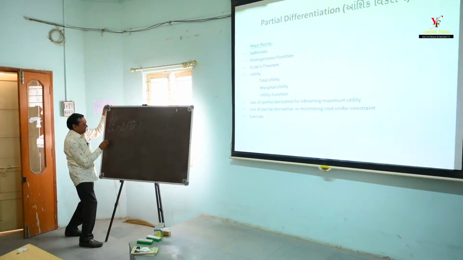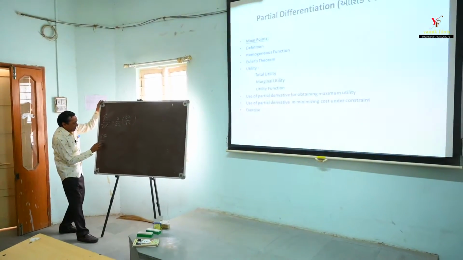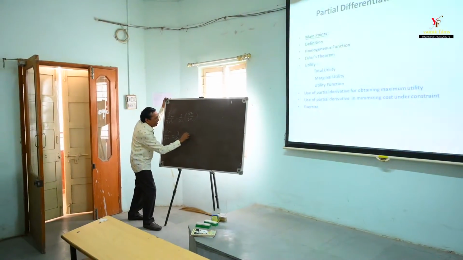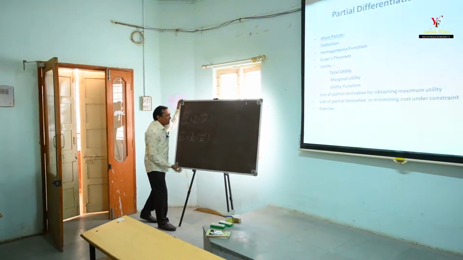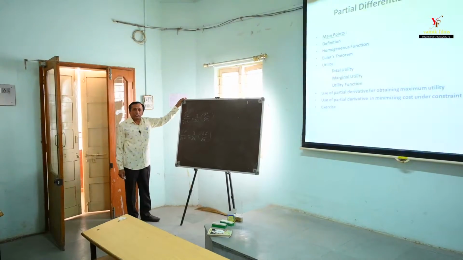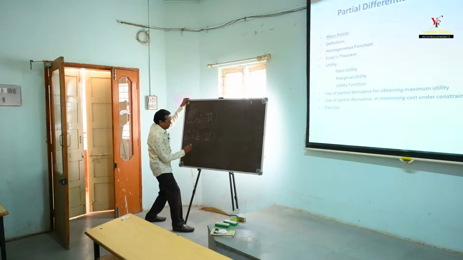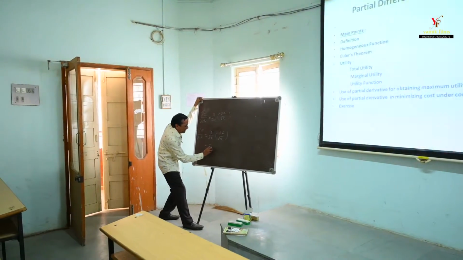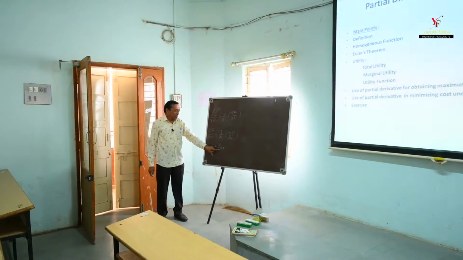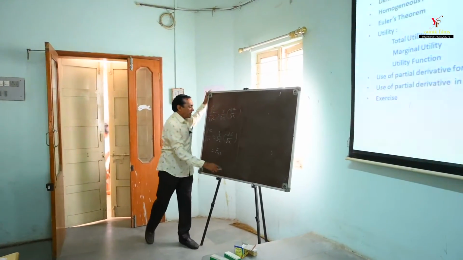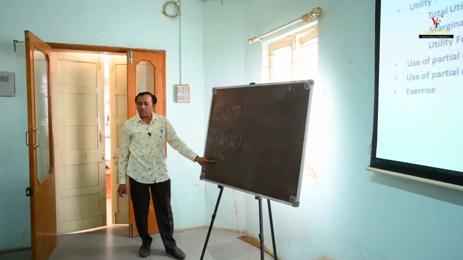If f is given, delta square f by delta x square is delta by delta x of delta f by delta x. This is the second partial derivative with respect to x. The same, we put f xx.